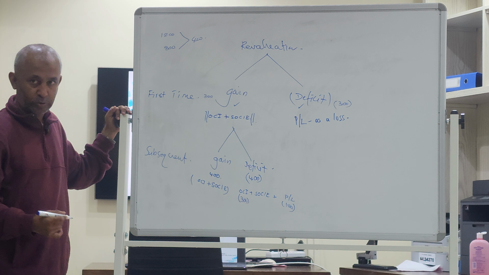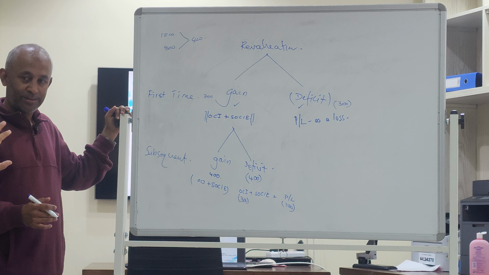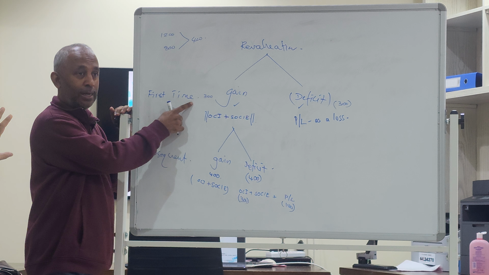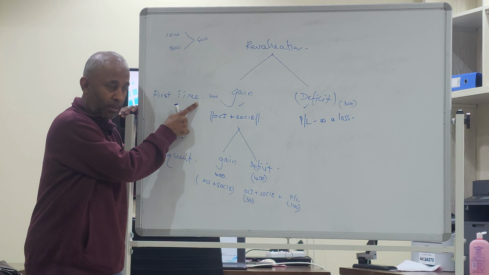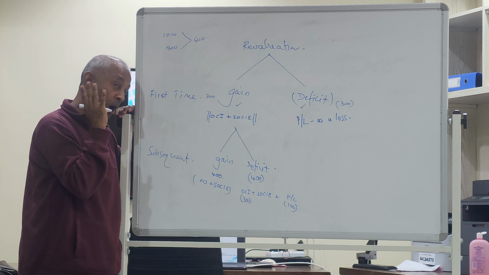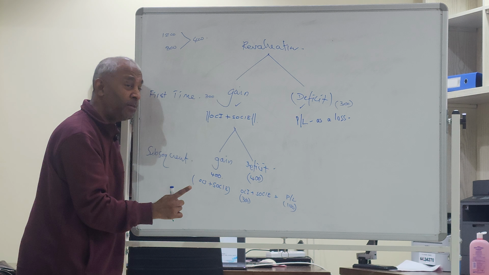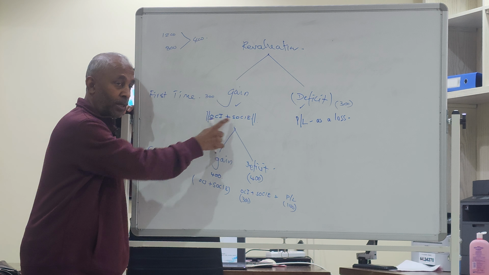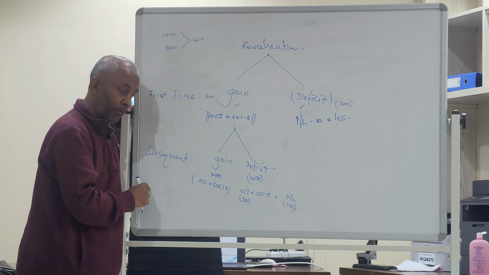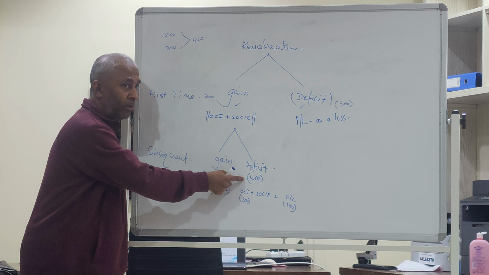Everyone understood or confused? All of you understood? The 300 reserve is already there. Last year, I did a revaluation and made a gain of 300. It is sitting in my financials. I presented last year's gain in the other comprehensive income and statement of changes in equity. In the current year, when I went on to do the revaluation, it ended up as a loss, or deficit, of 400.